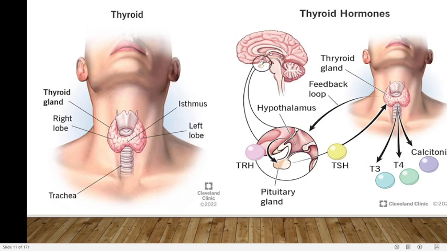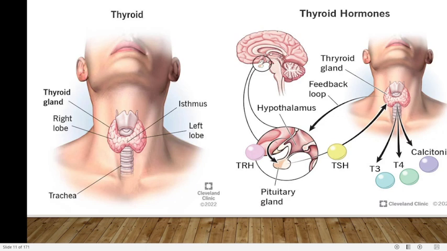Looking at the second gland, we have the thyroid gland, and on my far left, you can see and identify where the thyroid gland is. We have the right lobe and left lobe, the isthmus, and the trachea. You can extend your neck so that we are able to locate these parts.